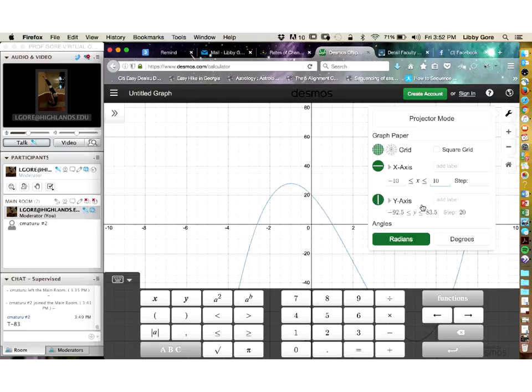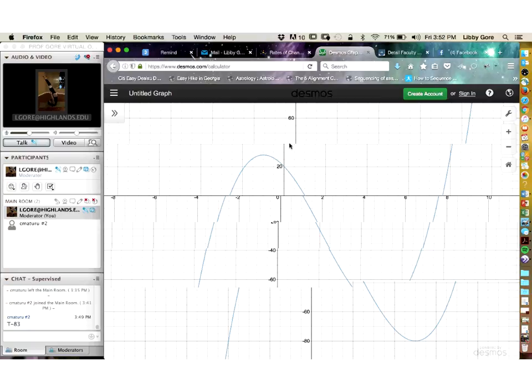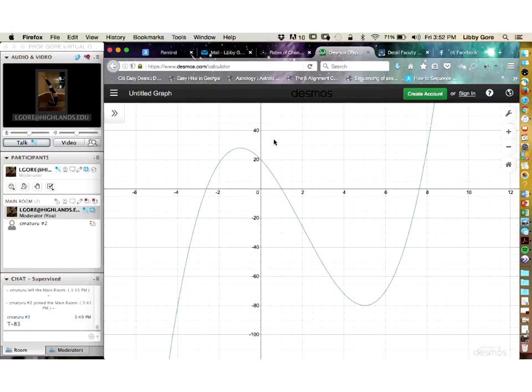There we go. Now it's starting to look a little bit better. Yeah, that gives us a pretty decent picture there. All right, let me take a screenshot of this and we'll take it back to our whiteboard. And then I'll tell you how to put this into your calculator so that you can work with it as well.